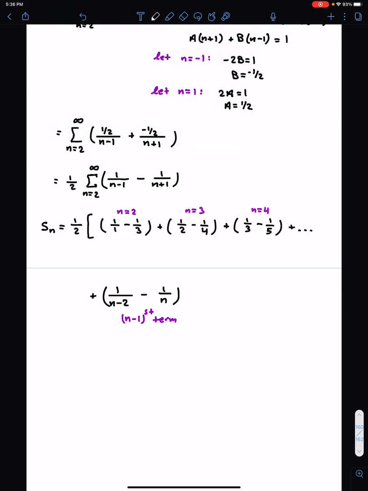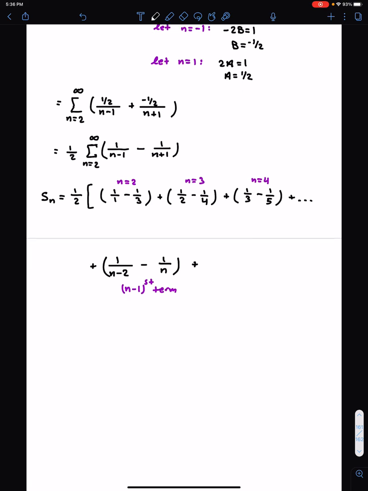And then the nth term, so plus 1 over n minus 1 minus 1 over n plus 1. So this term is a sub n. The term before it is a sub n minus 1.